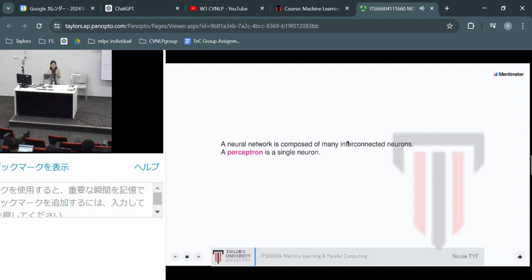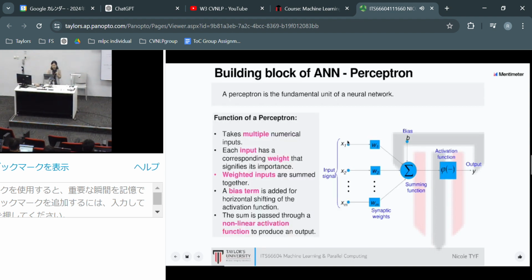The function of this perceptron is that it has a head that takes in multiple inputs. They are usually in a numerical format, so everything has to be encoded if it is not in numerical format. Then each of these inputs will have a corresponding weight that signifies the importance of every single feature towards our output.